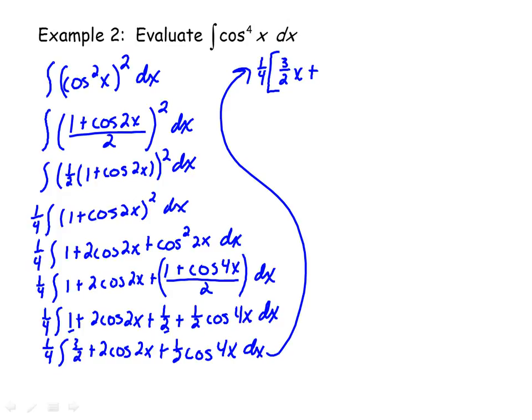Off of our scratch paper, we integrated the 2 cosine 2x, and we came up with what? Sine 2x. Plus, see if you can integrate 1/2 cosine 4x. See if you can do it in your head. You should be getting there if you're not there already.